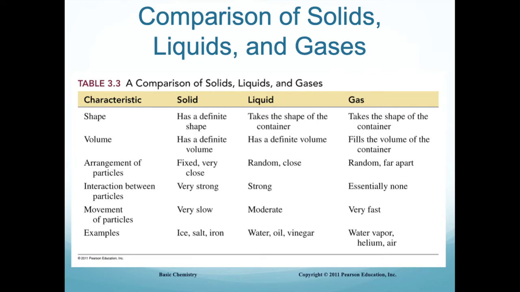It doesn't matter what container you pour your liquid into, that sample will keep its same volume. So for example, if I took a small beaker of water, let's say I fill this up and this has 50 milliliters of water, and I pour it into a larger container. It's a different shape, and this is 100 milliliters, let's say.